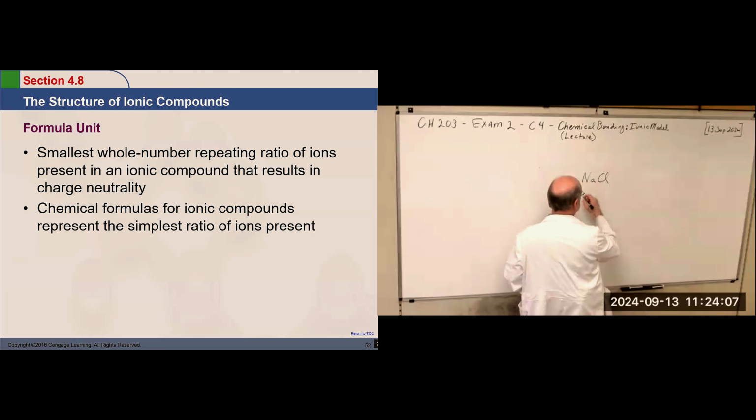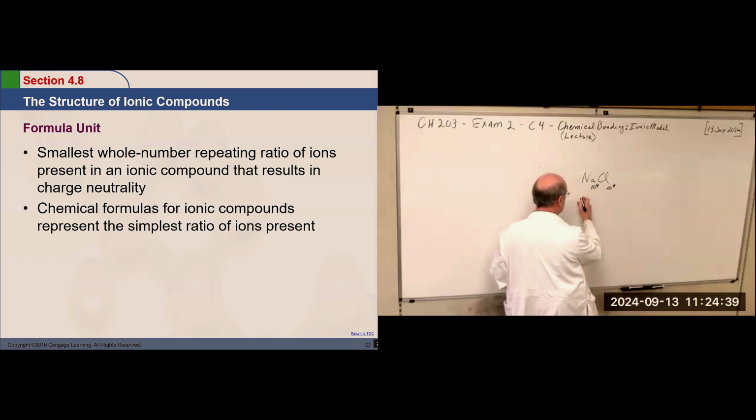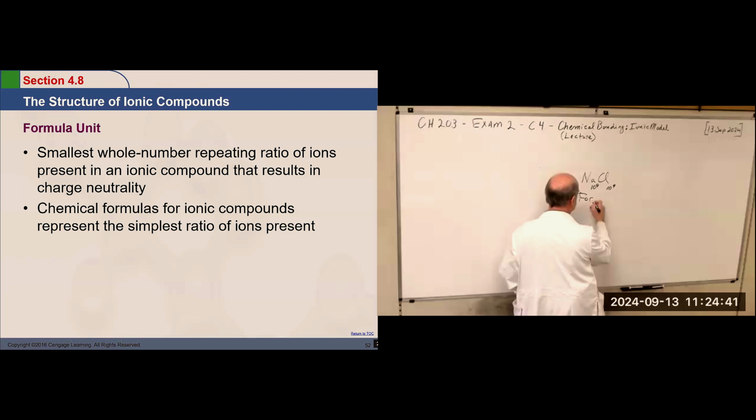But that doesn't make any sense. It's more difficult to deal with. So for ionic compounds, we use the simplest whole number ratio of ions, recognizing that the crystal structure can be huge. And rather than call that a molecule, we call it a formula unit.